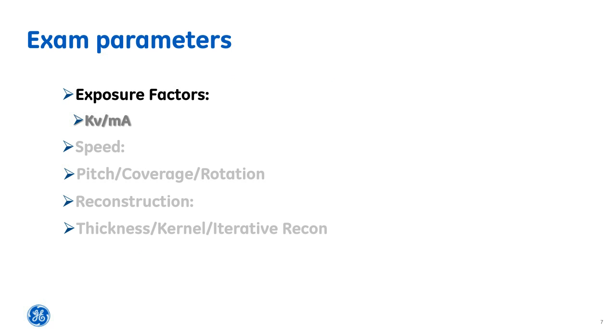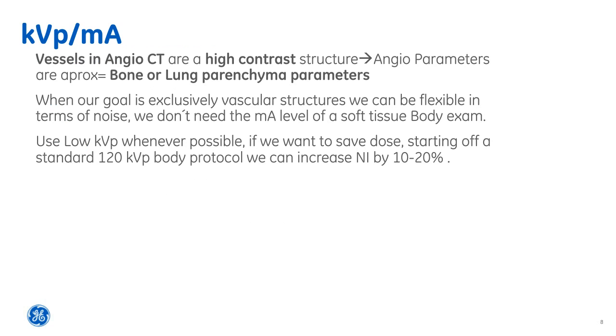So we'll look at kV and mA. If we're doing angios, vessels in Angio CT are high contrast structures. When our goal is to exclusively look at vascular structures, we can be flexible in the amount of noise.